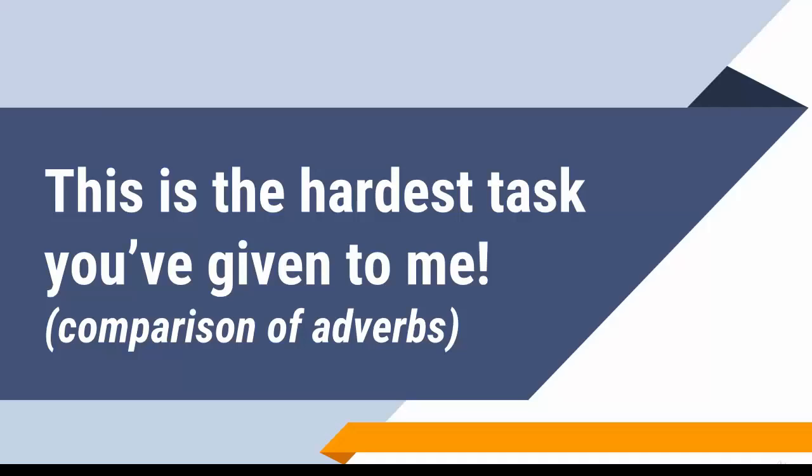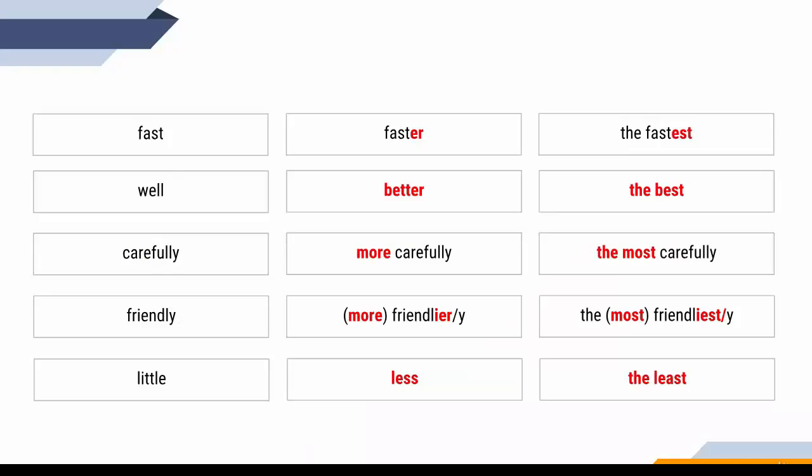Last but not least, let's see how to compare adverbs. What is typical, what is familiar for you, and what you do already know. So the first thing that you need to remember is that comparison of adverbs is quite similar to comparison of adjectives.